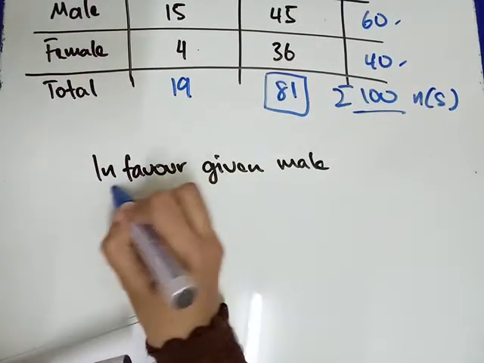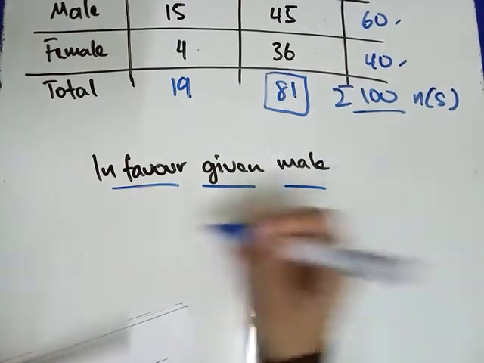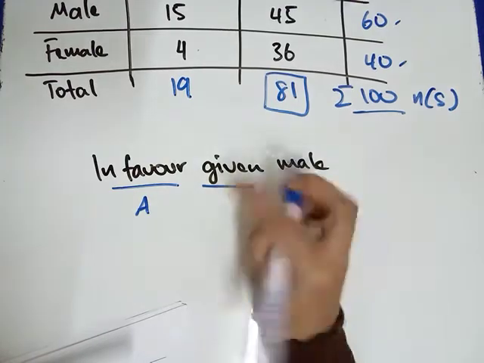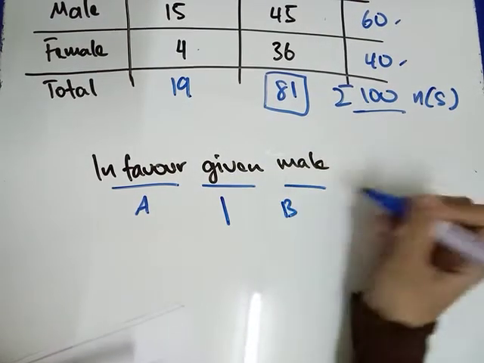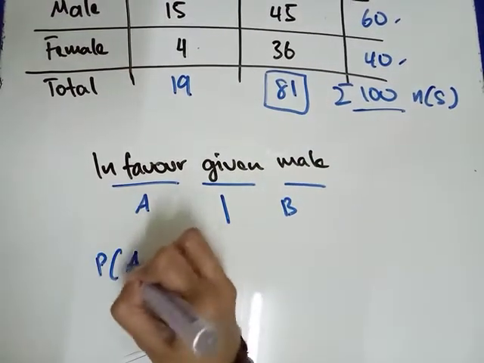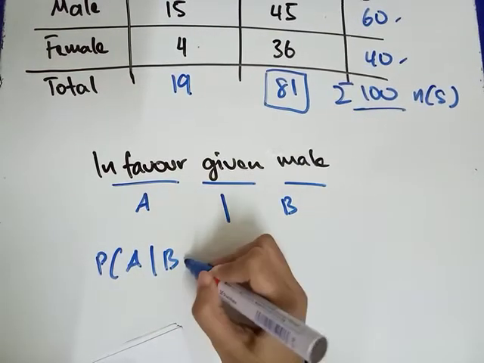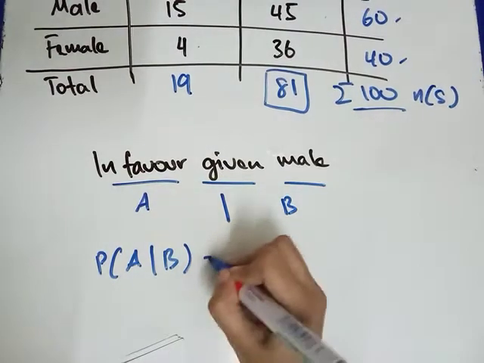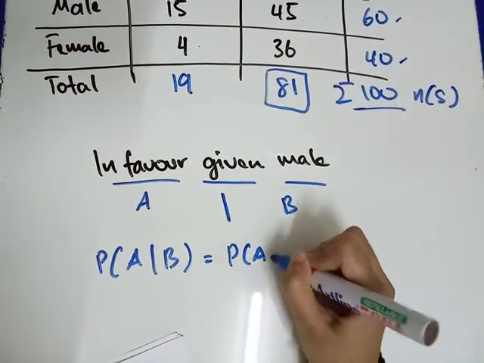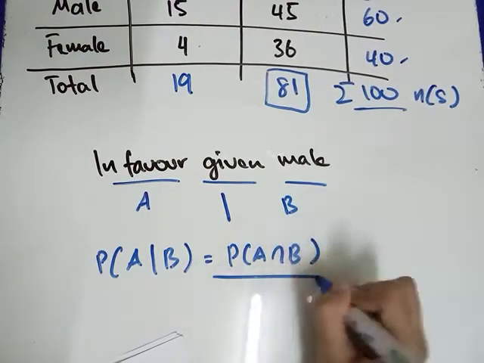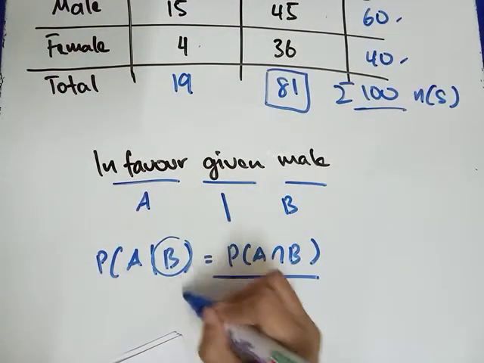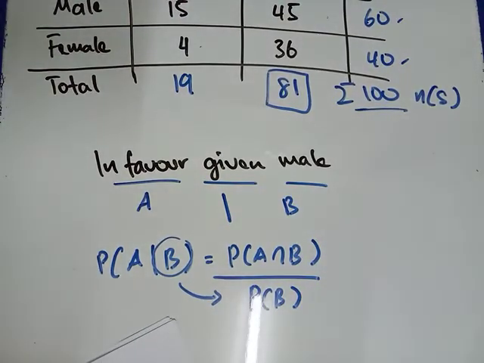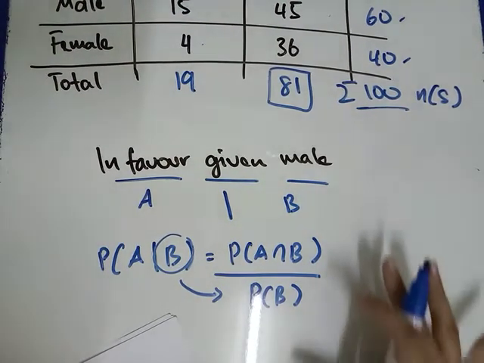So that means kita letkan in favor adalah set A, given male. So dia nak probability of A given B. Probability in favor given male, probability of A given B, it is equal probability of A intersect B over, yang mana yang duduk belakang bawa turun bawah, over dengan probability of B. Macam tu konsep dia.